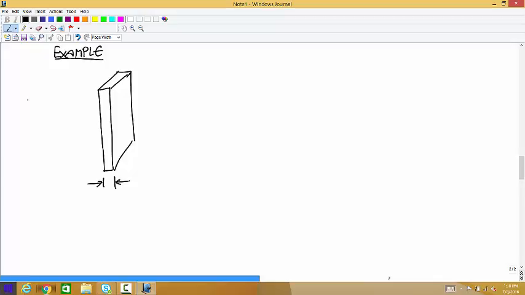This thickness is 1 centimeter, 0.01 meters. The width into the page is 2 centimeters, so 0.02 meters. And the height is 10 centimeters, 0.1.